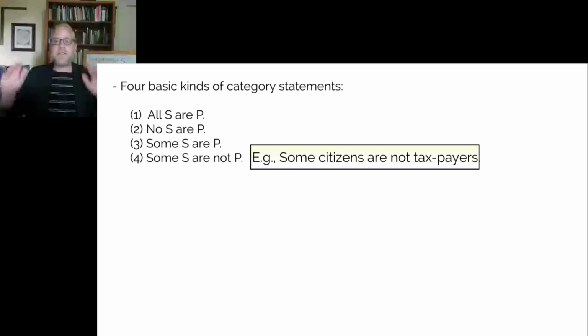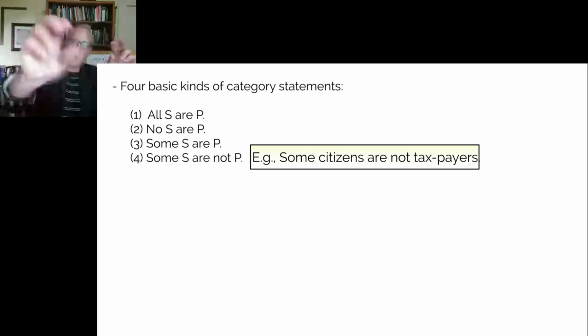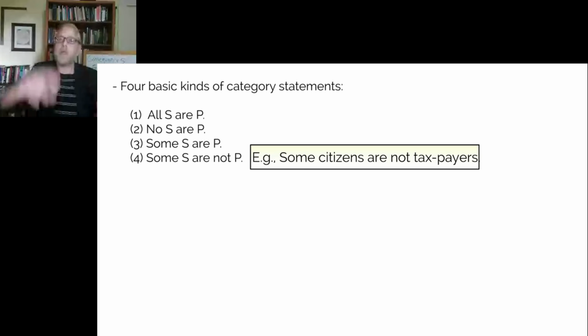Every single argument that I'm going to have you practice on, that you'll be tested on, every single categorical logic argument will have premises and a conclusion that looks like one of these four. There are slightly different ways that you can phrase things, but they always reduce back to one of these four. So you're always going to have one type of premise, another type of premise, and then a conclusion, each one of these.